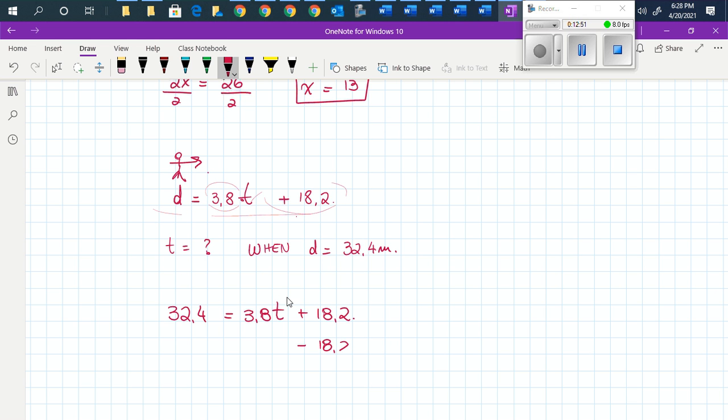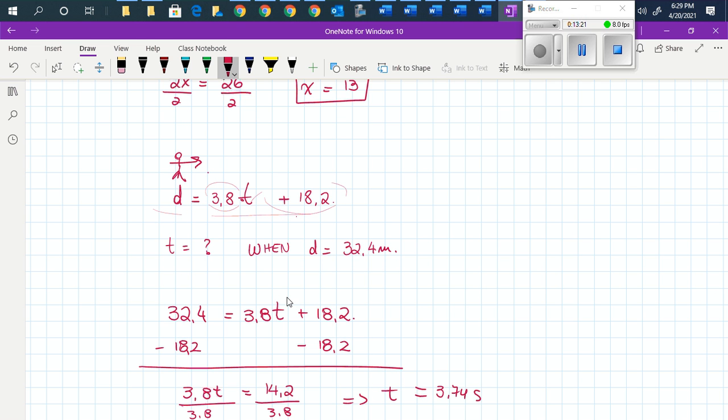Take away 18.2 from both sides, then 3.8t is equal to 32.4 minus 18.2, which is 14.2. And then divide both sides by 3.8, then t will be, if we round it, 3.74 seconds.